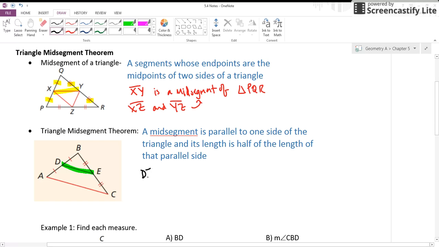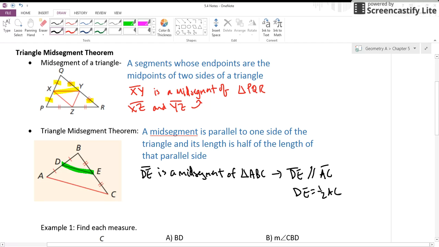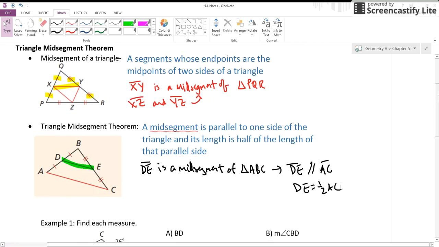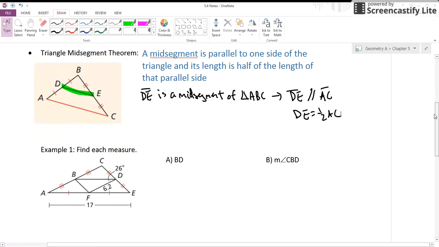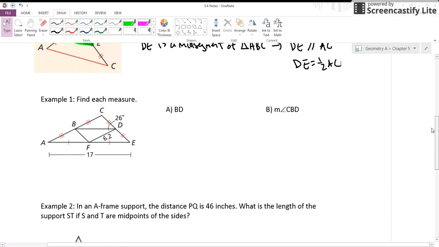If DE is a midsegment of triangle ABC, then DE should be parallel to the side it doesn't intersect, so it should be parallel to AC. And we also know that DE is 1/2 of the measure of AC, and that's the triangle midsegment theorem. We can use that in our first example to calculate some lengths and find some angles.